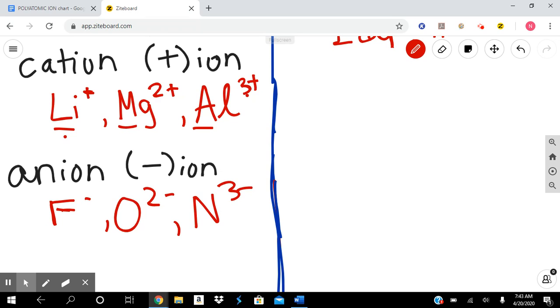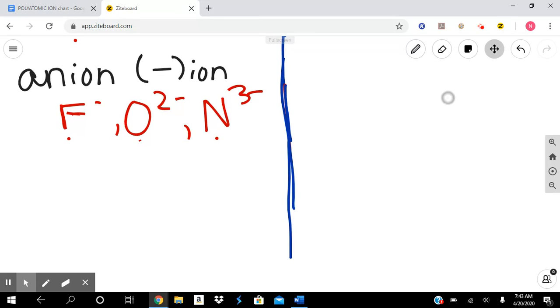So yeah, their charges might be more than one, but there's one capital letter. Something else that these anions all had in common last week is that they all ended in "-ide": fluoride, oxide, nitride, phosphide, bromide. So they all ended in IDE.